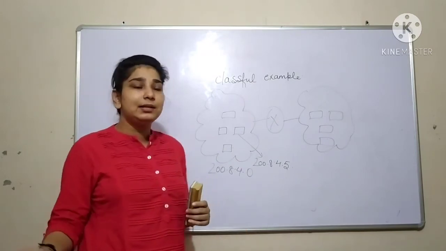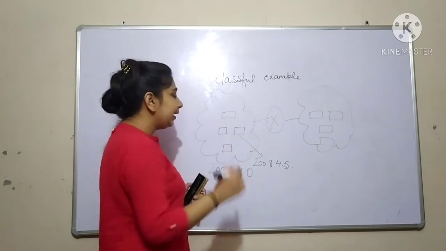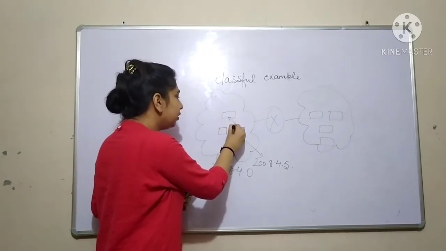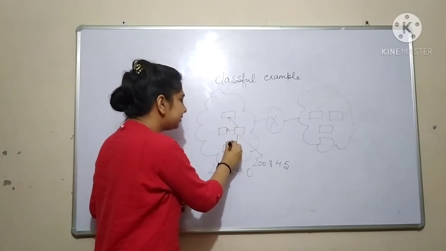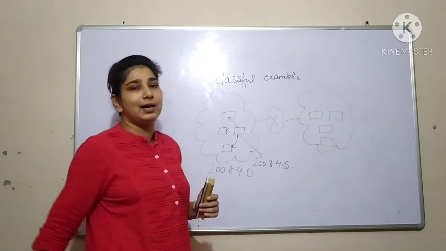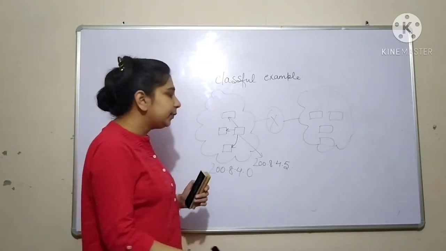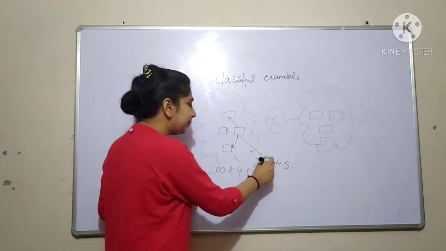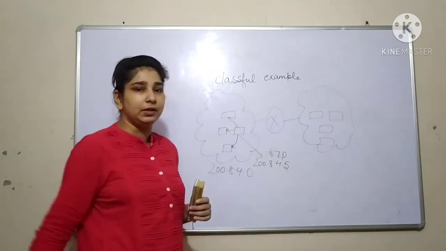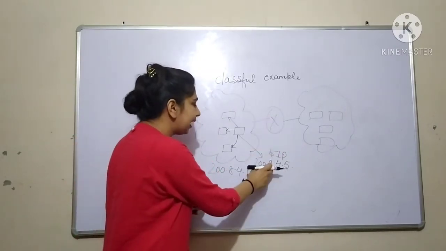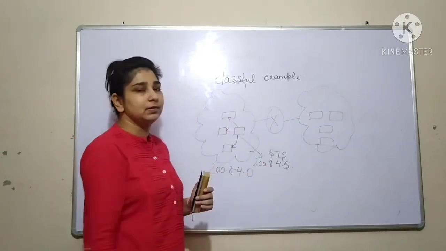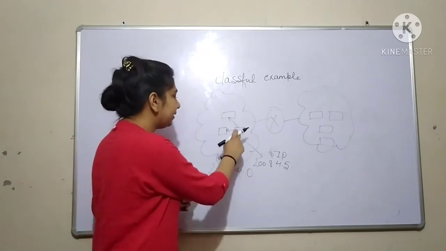And what is limited broadcast address? If this device wants to send a message to all the other hosts of the same network, we will call it a limited broadcast address. Then what we will be doing, in the source IP address, we are writing this. This is our source IP. What is the meaning of source IP? Because the message is coming from this device.